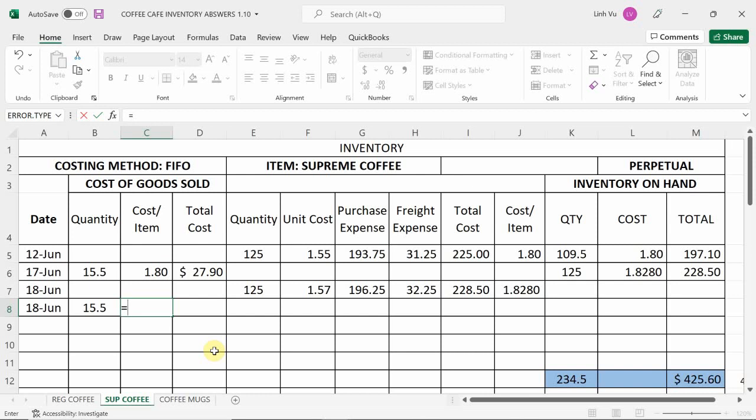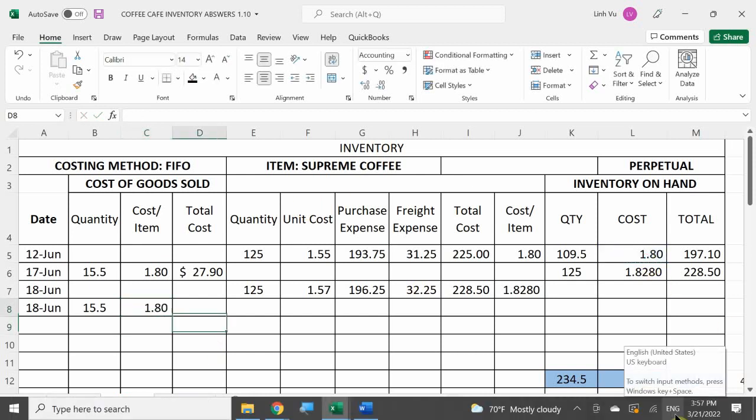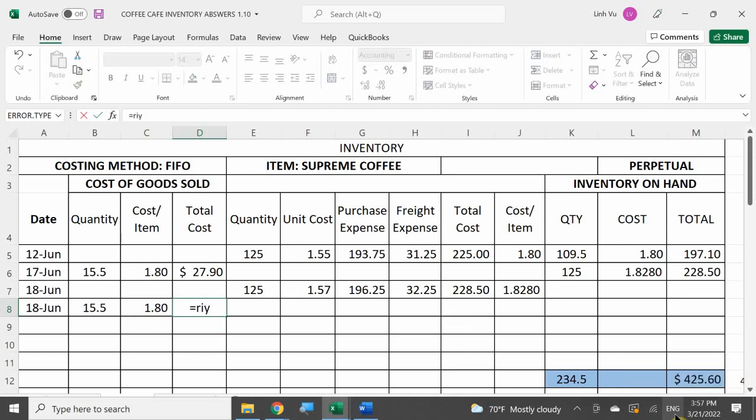We're using FIFO. Which batch came first? The 1.80. Good.